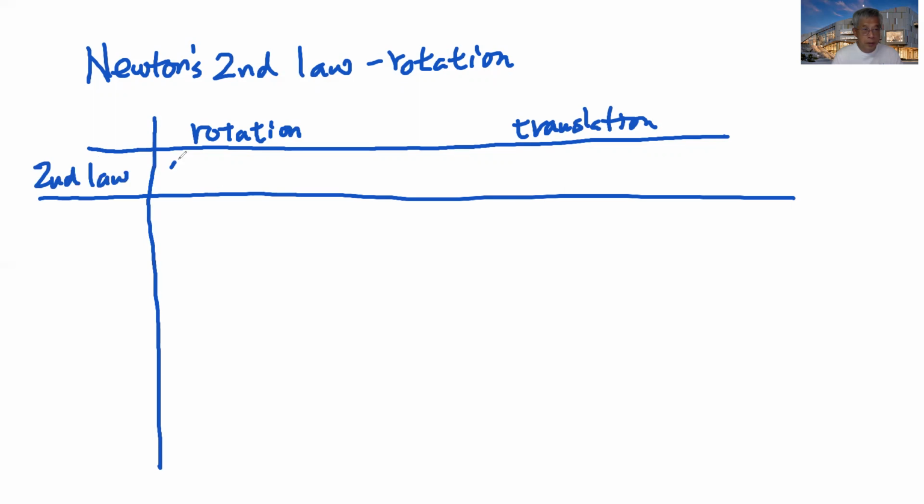This one here is tau, which is torque, equal to I, which is moment of inertia, times alpha, which is angular acceleration. And this side here is F, force, equals M, mass, times linear acceleration.